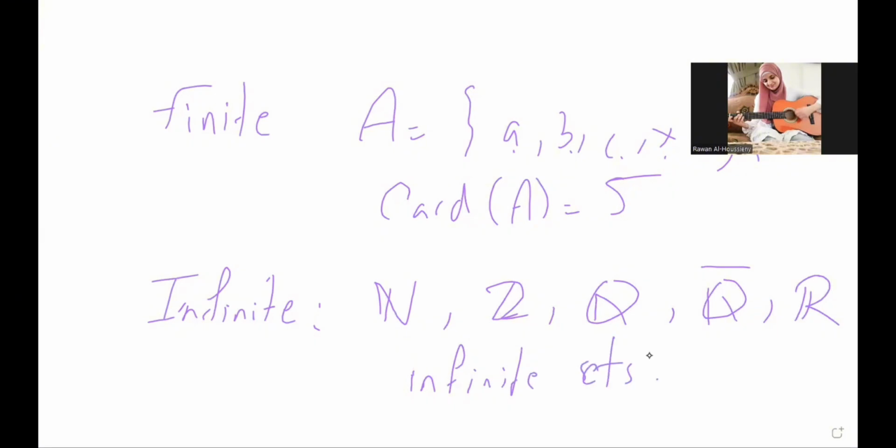Okay, now let's move to another important concept, which is the comprehension and the extension form of a set. So we have two forms that we can express our set in, the comprehension form, which is the first one, and also the extension one. Let's start with the comprehension one.